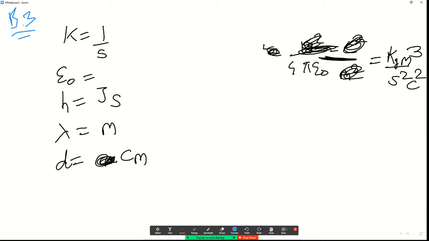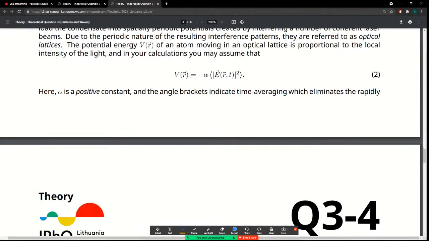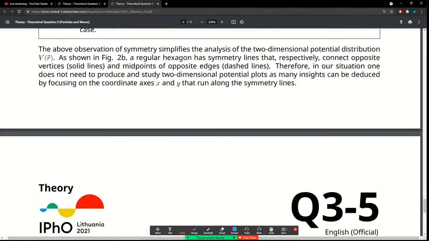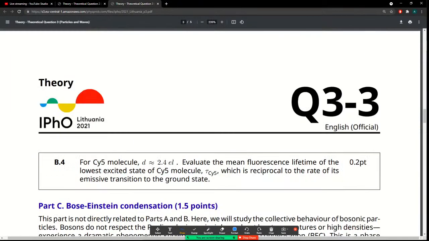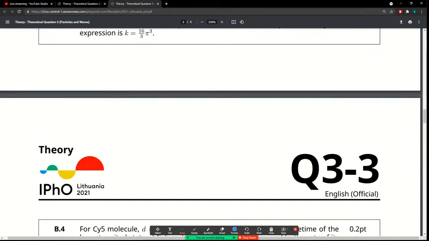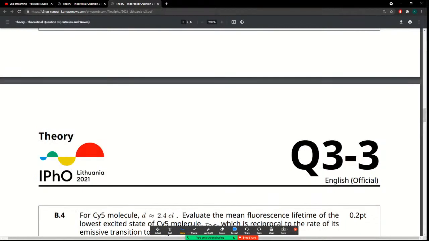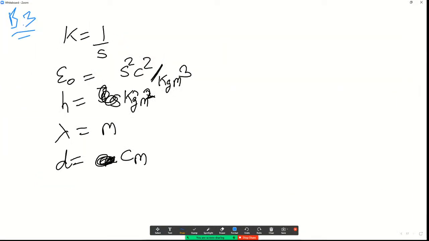So second square C square by kg meter cube. So we have joule. Joule is kg meter square per second.